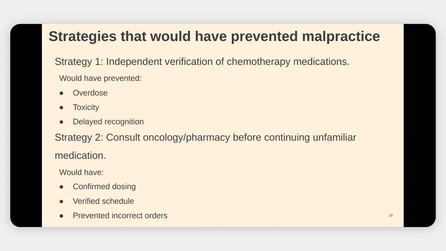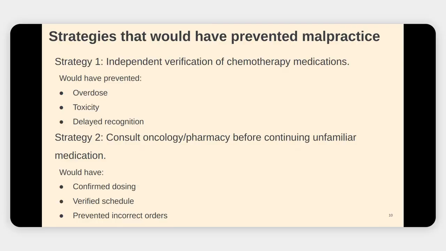Two primary strategies could likely have prevented this malpractice case. First, every high alert medication should undergo independent verification before being continued. This includes confirming the indication, dosage, treatment schedule, and appropriate laboratory monitoring.